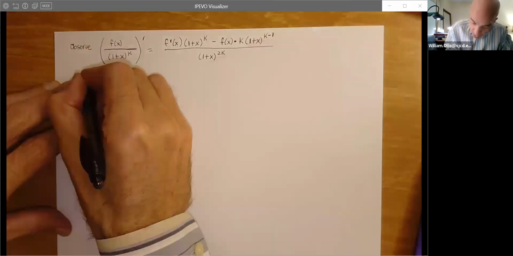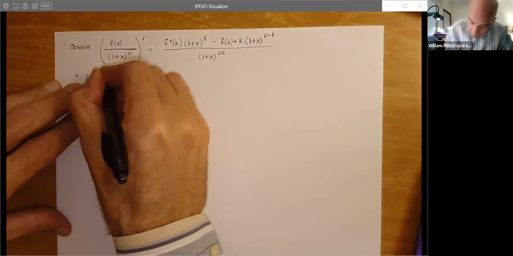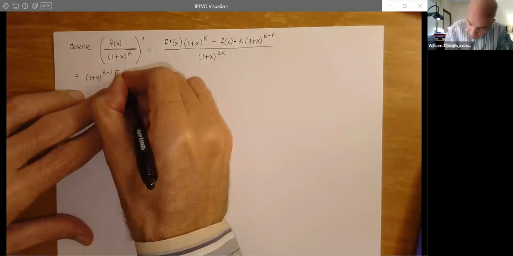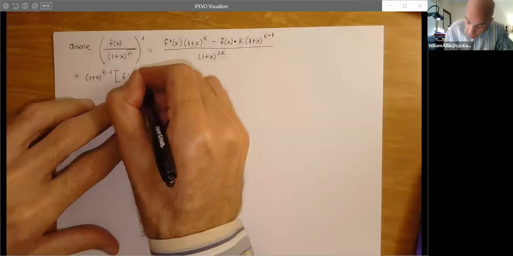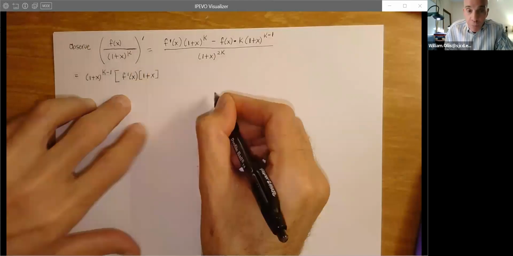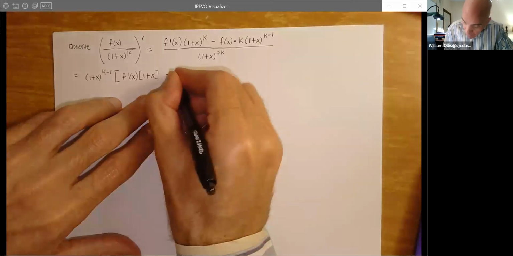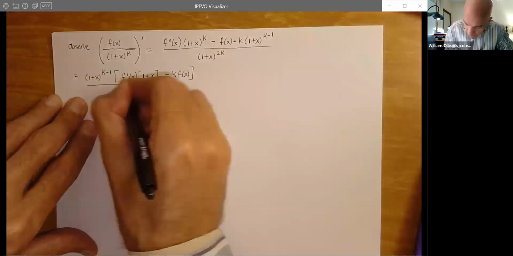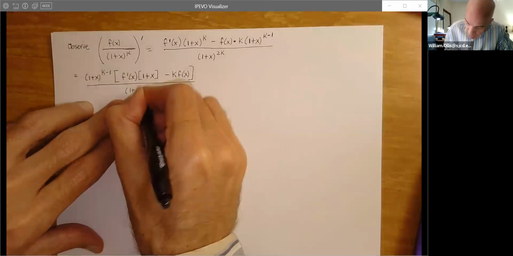So we've got f prime times [1 plus x], and I'll put that in brackets so you can see it's just multiplying f prime times 1 plus x, minus k times f of x, and so we get 1 plus x to the 2k.